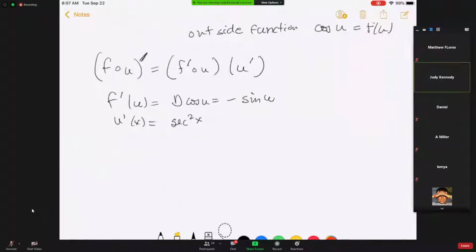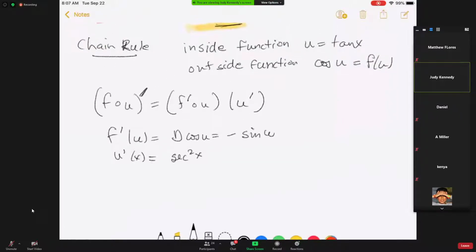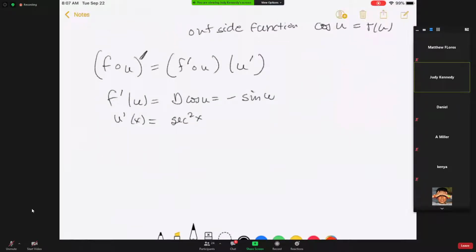So the derivative then of cosine of the tangent of x is equal to F prime composed with u, and that's equal to minus the sine of u.